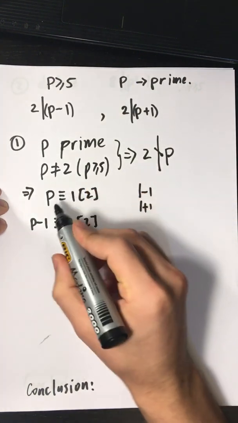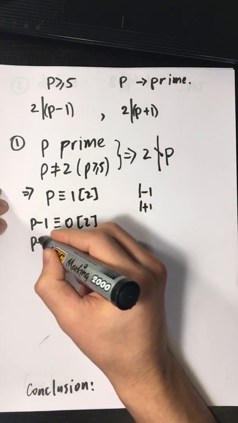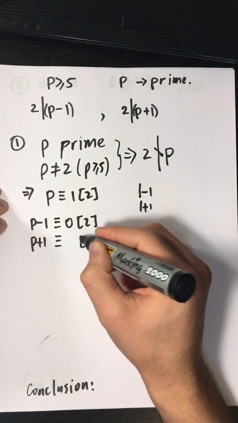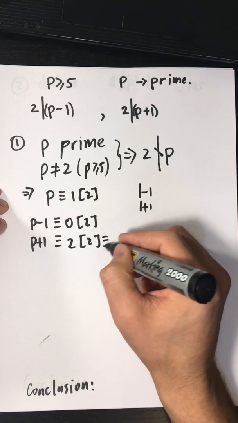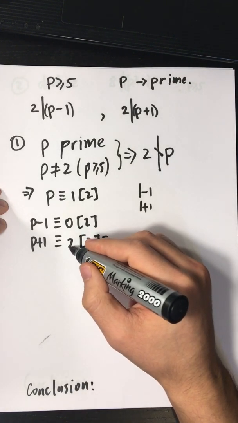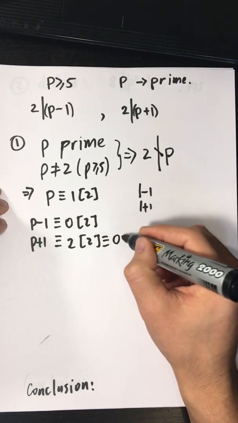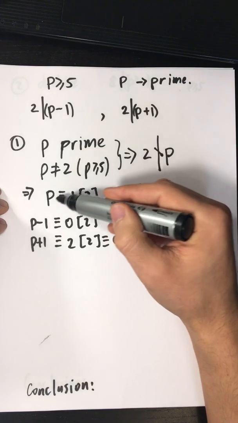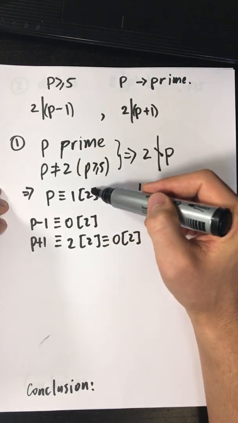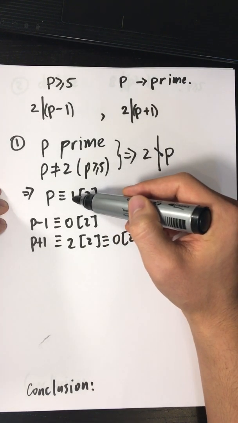And if you add 1 to both sides, you have p plus 1 mod 2 is 2, which means you divide 2 by 2 and the remainder is 0. Here it means that you divide p by 2 and the remainder is 1.